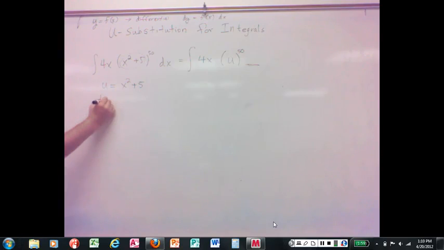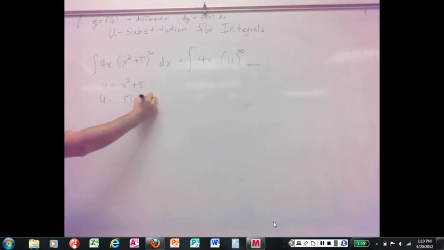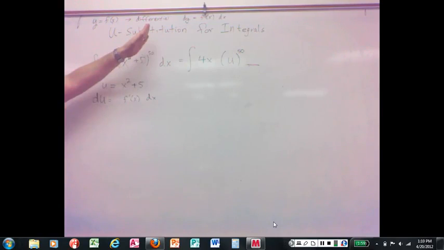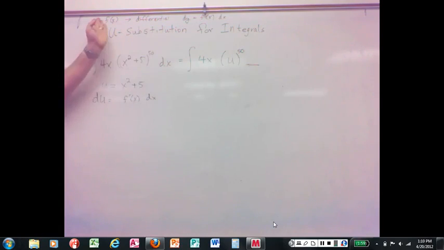So wouldn't du be equal to the derivative of this function times dx? That's just the same as we were doing with the y, but now we've got it in terms of u. That's just the definition of the differential. In this case, it's du instead of dy.